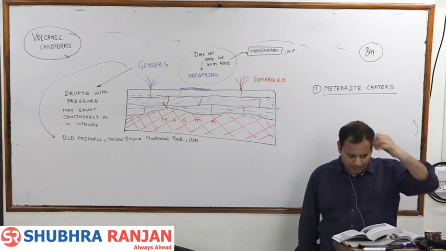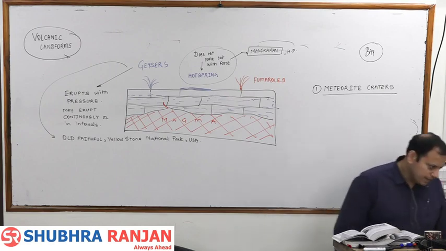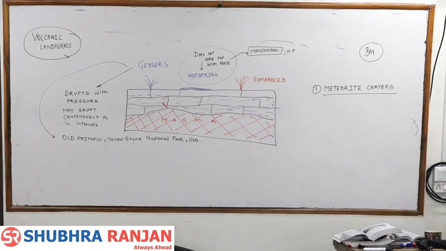Endogenetic volcanic landforms, but volcanic craters are always on the top of क्या? Flat land पे होगा या mountains पे होंगे? Always on the top of mountains.